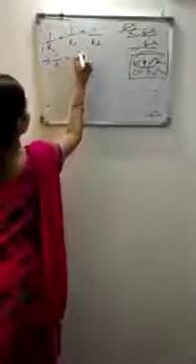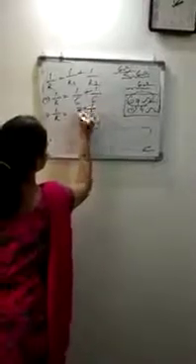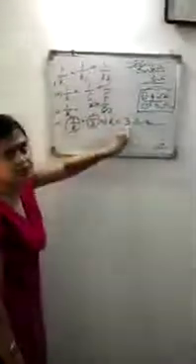So 1 divided by R is equal to 1 by 6 plus 1 by 6, because the value of each resistance is 6 ohm. So 1 by R is equal to 2 into 1 by 6, that is equal to 1 by 3, or you can write R is equal to 3 ohm.